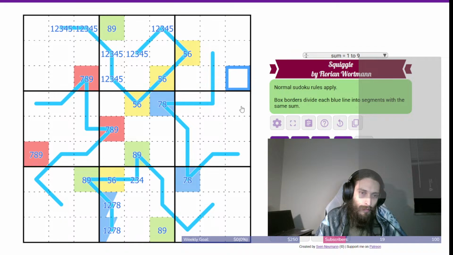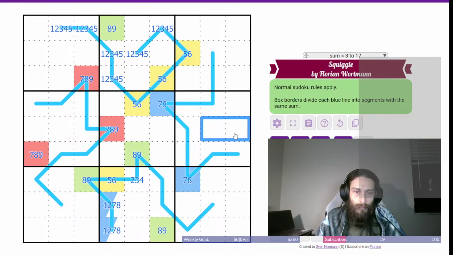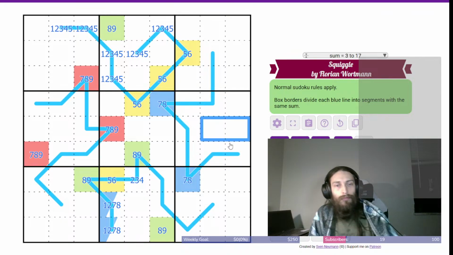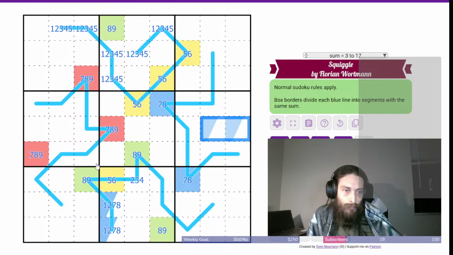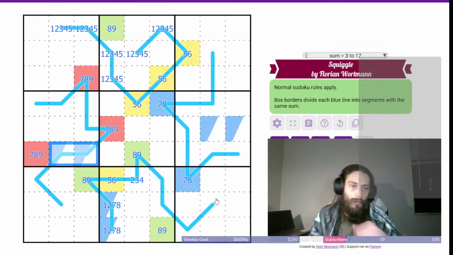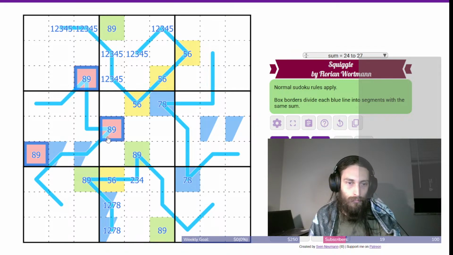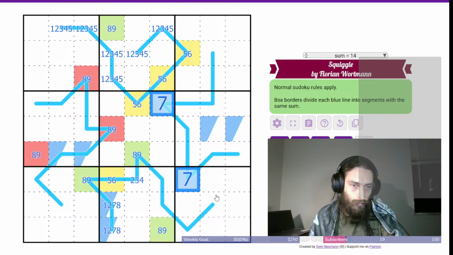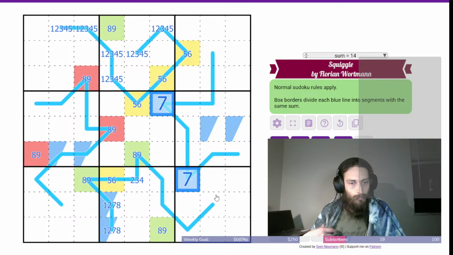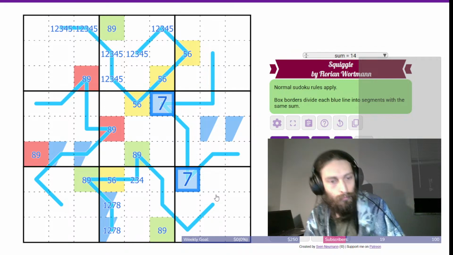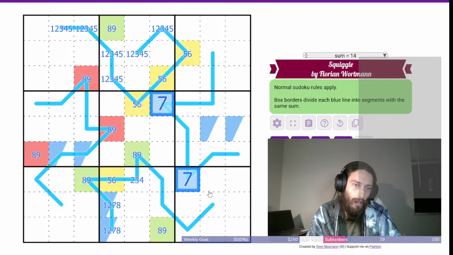All right, in box 6, blue is one of those two. So blue has to be on the red line. So red cannot be 7. So blue must be. Because it cannot be 8, because it would make both of those 9.